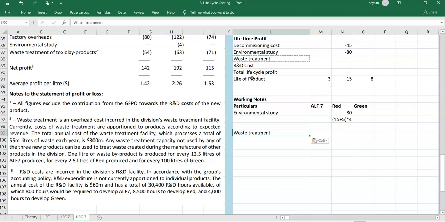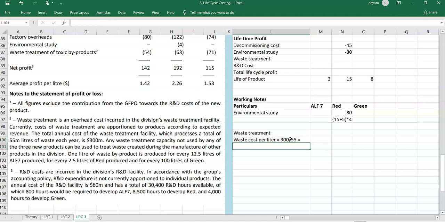So if you take waste treatment, they say that each year there is going to be waste treatment cost. The waste cost per liter is going to be 300 million divided by 55.